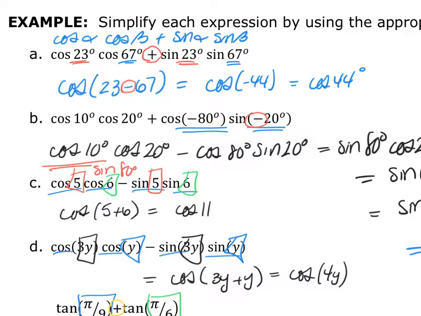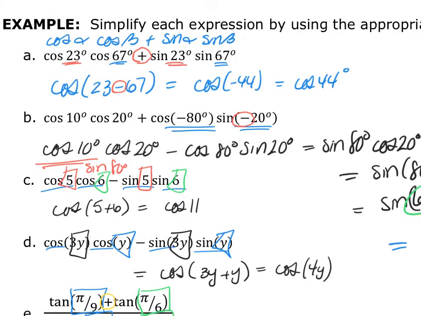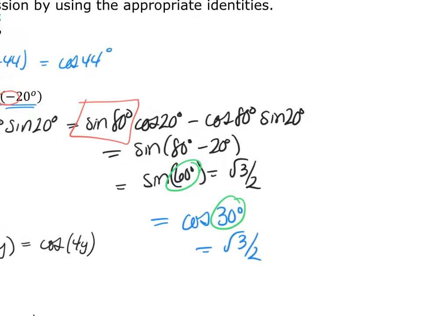And are you okay with the fact that I replaced the cosine of 10 degrees with a sine of 80 degrees? Once I've done that, it's pattern recognition. I have sine of 80, cosine of 20, minus cosine 80, sine 20. Because this is a minus between them, it is the minus of the angles. So I ended up with 80 minus 20, which is 60, and that's one I could do without a calculator. Does that answer your question?